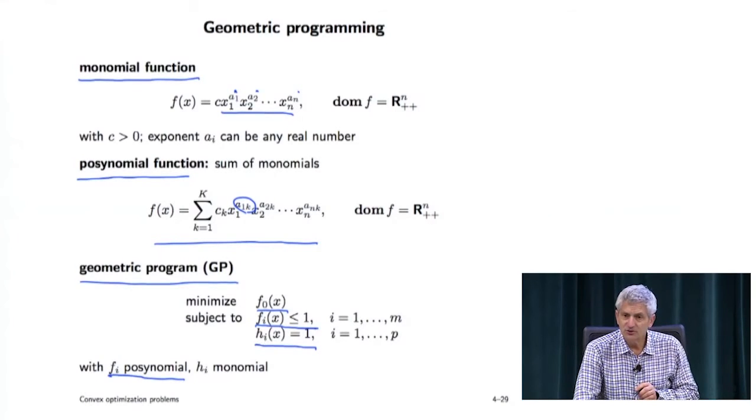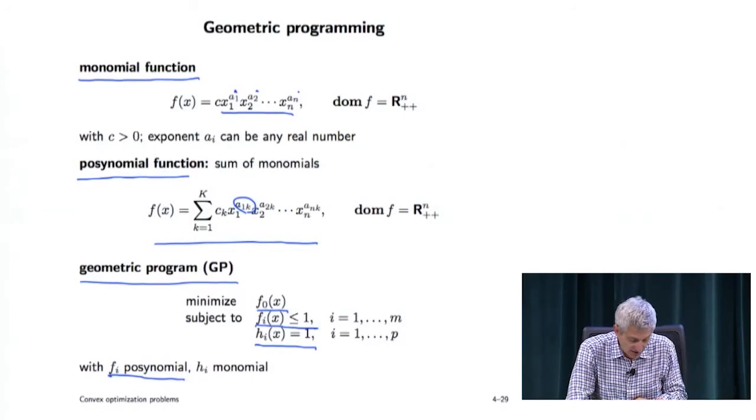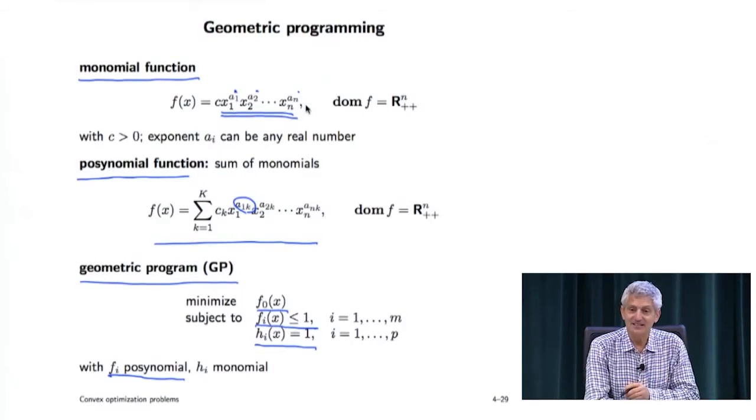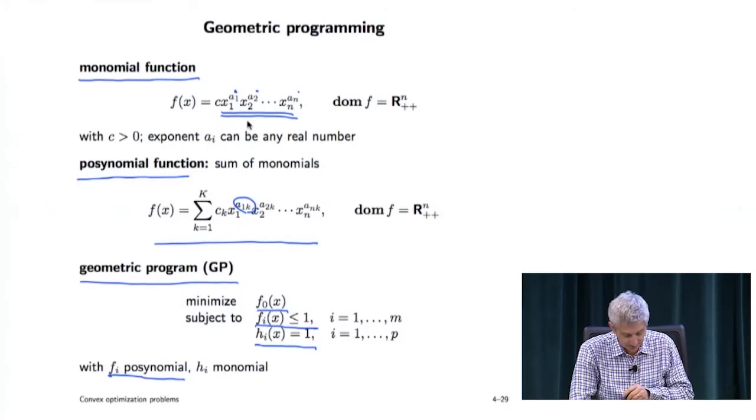One other connection to things people talk about in areas like mechanics, people talk about a scaling law. That's another name, by the way, for something like this. It says that something like f scales as x1 to the 1, x2 to the minus 2.3 or something. And so that's a scaling law. So some people would even call a monomial a scaling law.